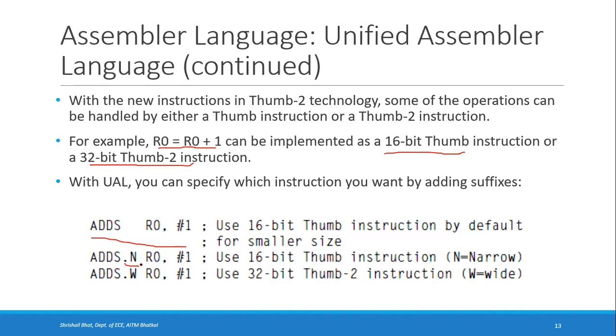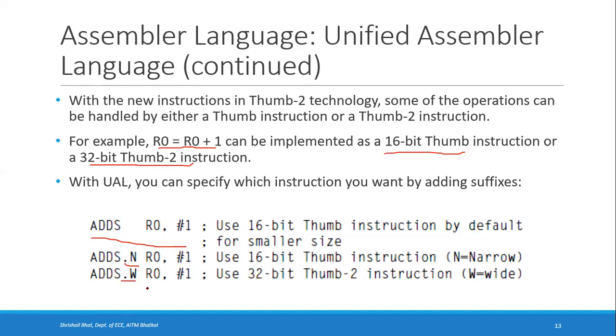But suppose you want to make it a 32-bit thumb 2 instruction, you need to use this .W, which indicates wide. That means the instruction is a 32-bit instruction. The same instruction will take 32 bits in the memory. So what do I mean when I say 16-bit and 32-bit instruction? When they are converted to machine language, they occupy 16 bits.